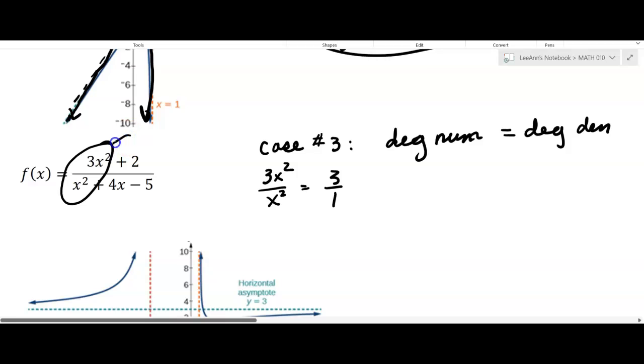The term that has the highest degree, right? Because you square something, that's going to take more effect than if you're just multiplying by 4. So that has the overall leadership of how this graph is going to look. You could put in numbers and see that. But what's going to happen then is those coefficients, 3 over 1, that's going to be the horizontal asymptote.